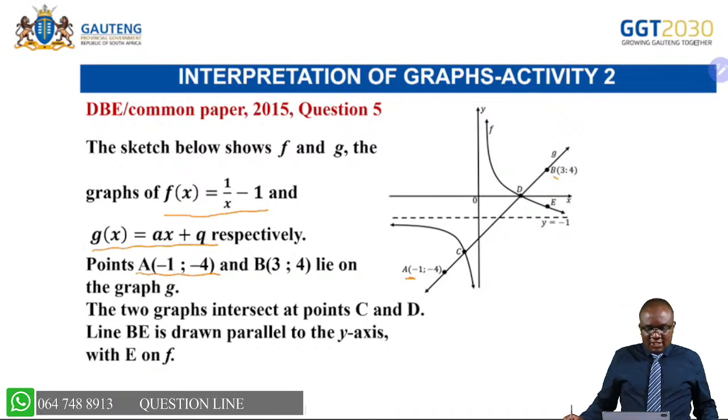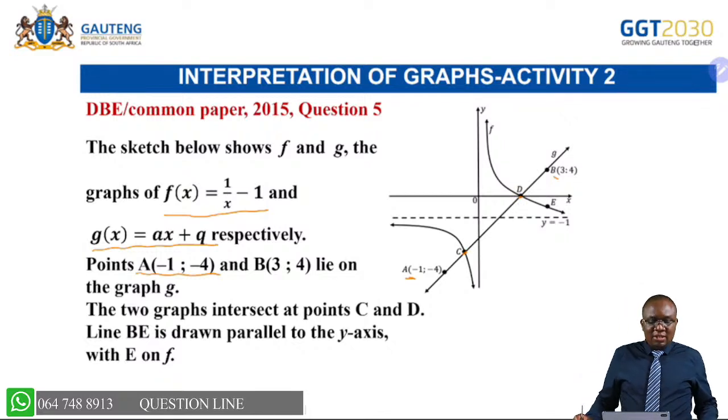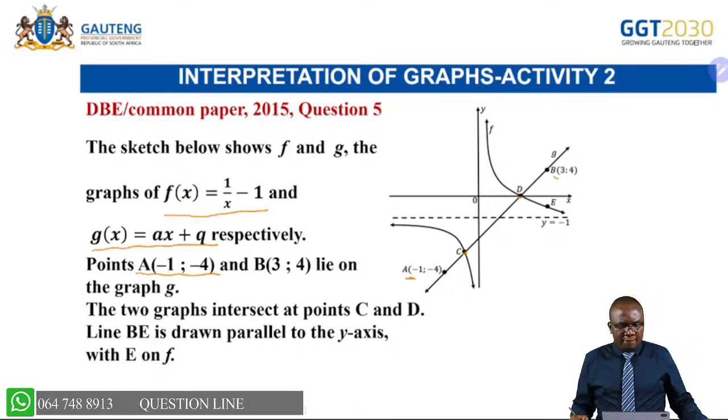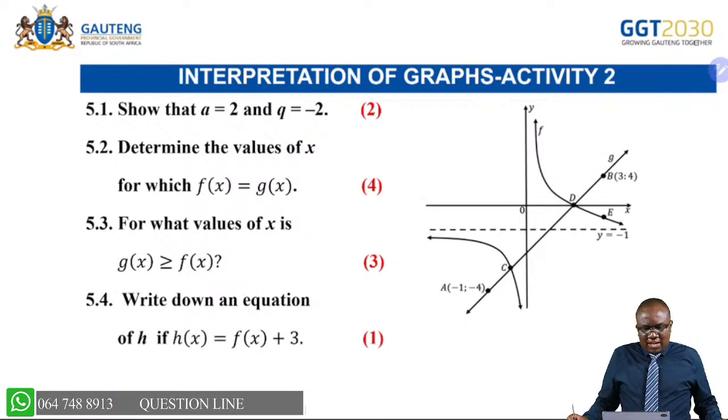The two graphs intersect at point C and point D. Line BE is drawn parallel to the y-axis with E on f. We may not use that because of time, but let's see what we can do. Show that a is equal to 2 and q is equal to negative 2.